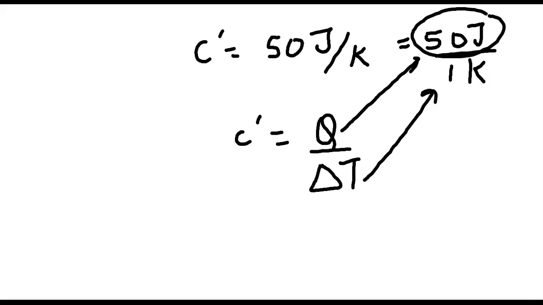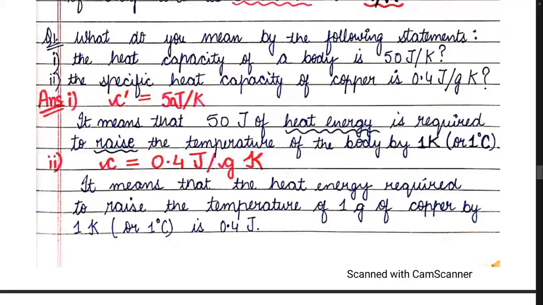Since in the question we were having 50 joule per Kelvin. If instead of Kelvin it was degree Celsius, then we would have written 50 joules of heat energy is required to raise the temperature of the body by 1 degree Celsius.